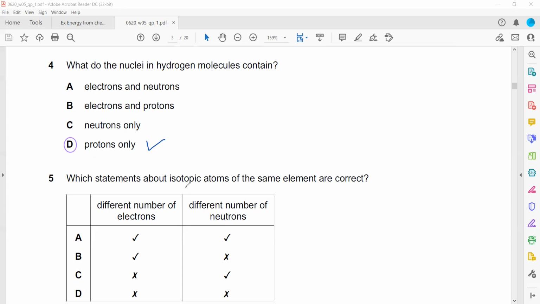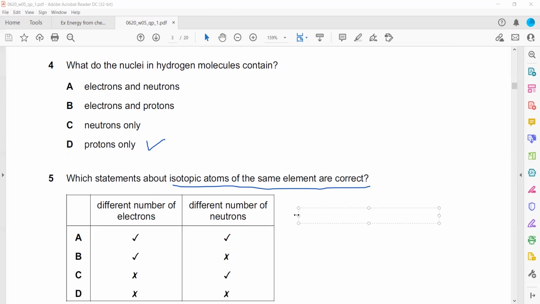Question 5: which statement about isotopes is correct? They have different number of electrons, yes or no? And they have different number of neutrons. The correct answer: isotopes have the same number of electrons and protons.